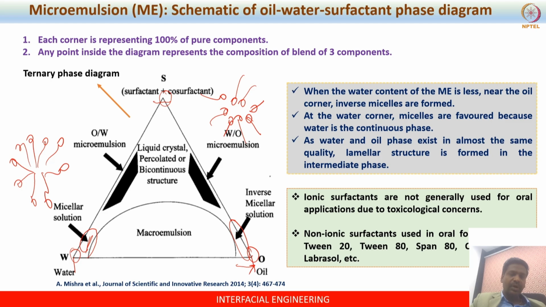So if you look at this region, here you will most likely get an oil-in-water microemulsion, because in this case you have sufficient quantity of water, and minimal amounts of oil and surfactant. Since water is a continuous medium in this case, you would expect an oil-in-water emulsion.